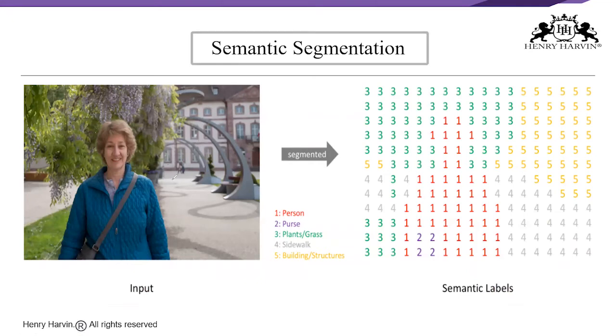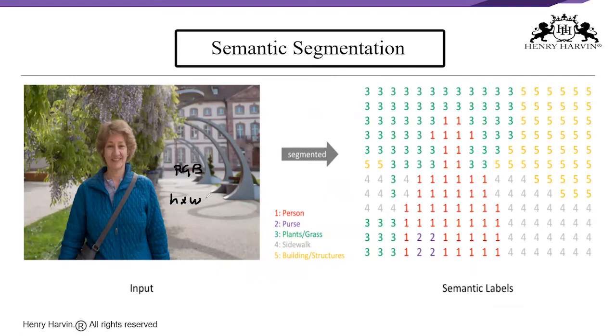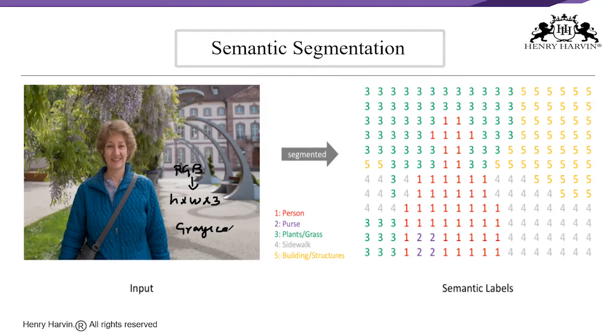So if you look into this, it is basically an RGB color image. RGB is represented as height times width times the number of channels. So it is 3 if it is an RGB image, and if it is a grayscale image, what will happen now?